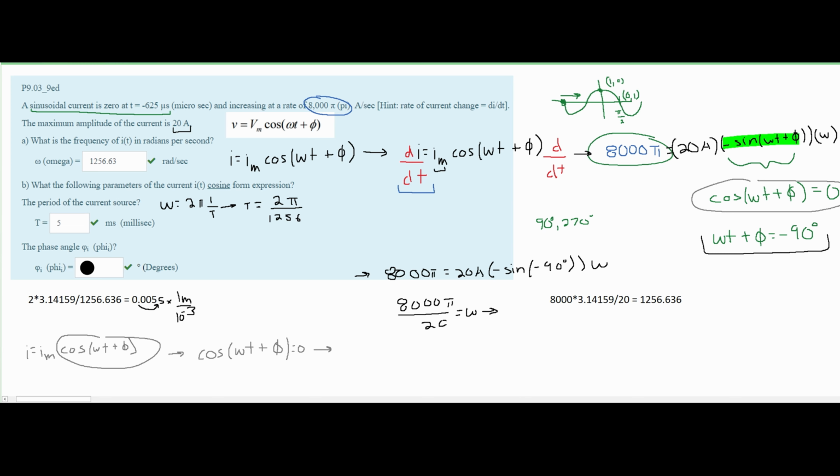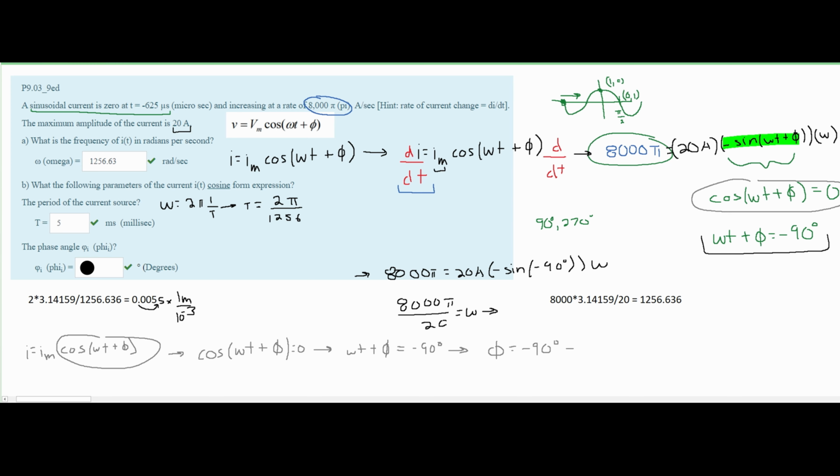In doing this, we get our equation, which again we have right here, but we're just going to rewrite that omega t plus the phase shift is equal to negative 90 degrees. Since we're solving for only the phase angle, we have our phase angle equal to negative 90 degrees minus omega times t.